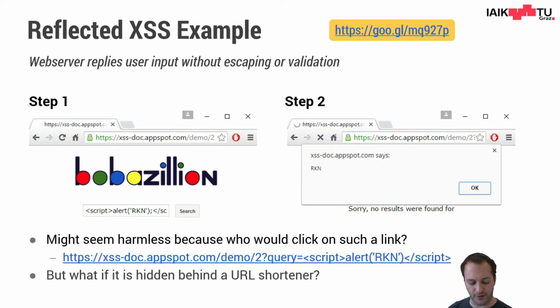You enter your query in a search box, and if you enter a script tag and the server does not filter it and then shows you the search term you were searching for, it will also render the JavaScript. In that case, again in my case, it would alert this.